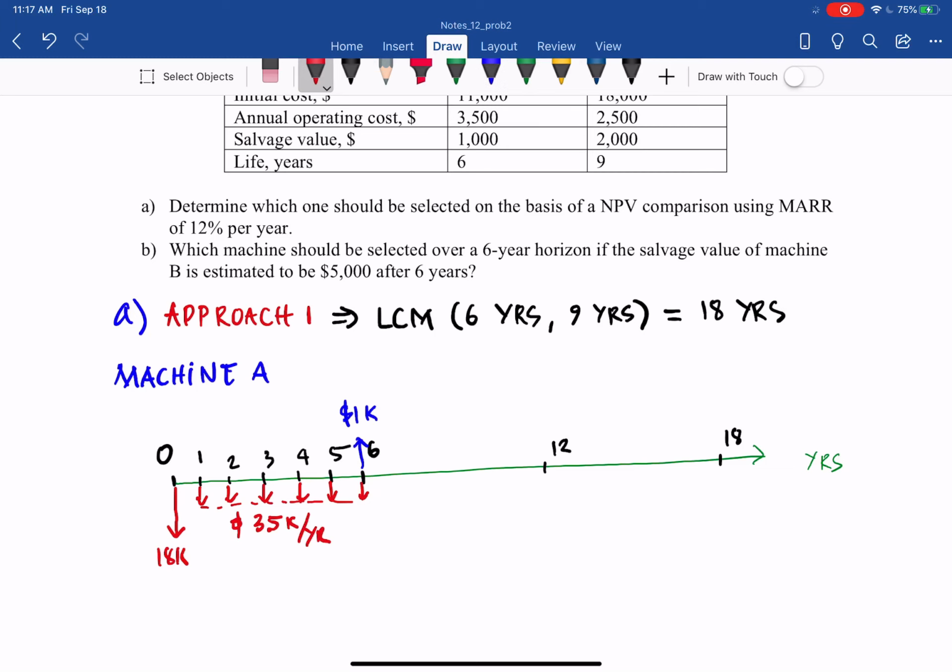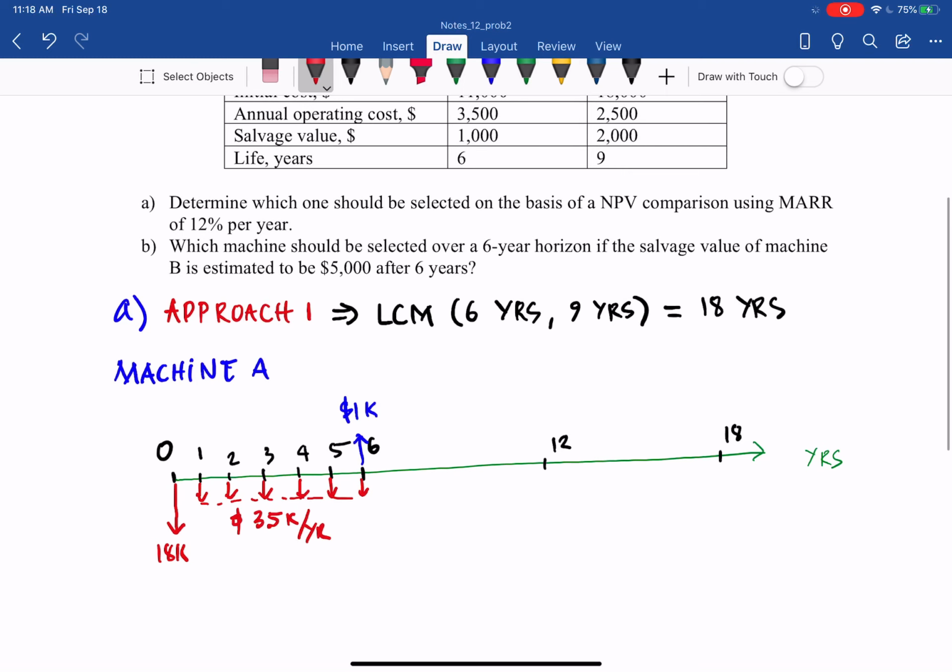What does that mean here in cash flow? At the end of year 6, after I sell the first machine A, I buy the same amount.